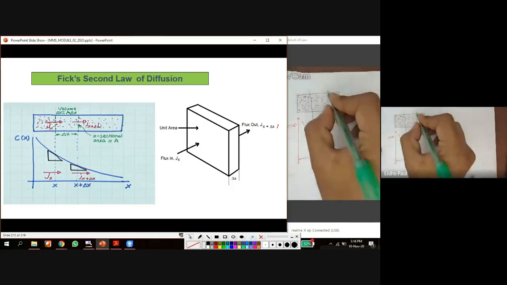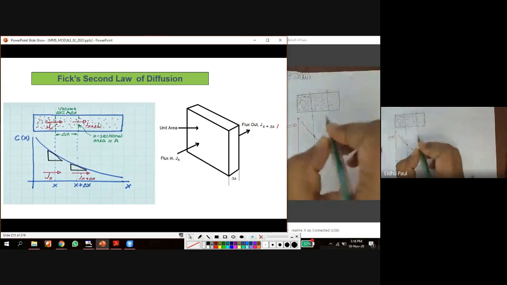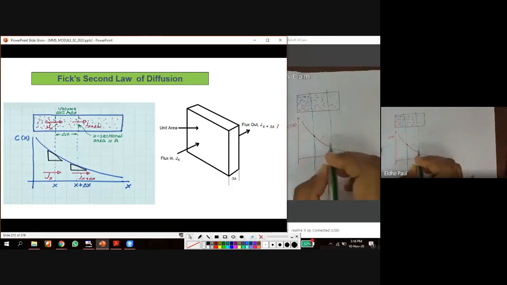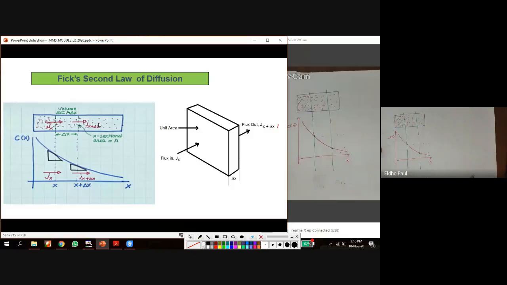I am taking another position, and the corresponding concentration we can find from this graph. Here I can find the slope of this graph, the slope at this point, and the slope at this other point.